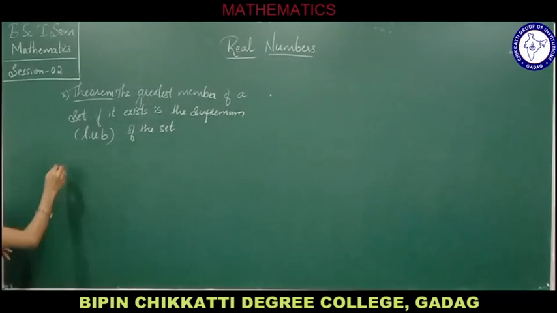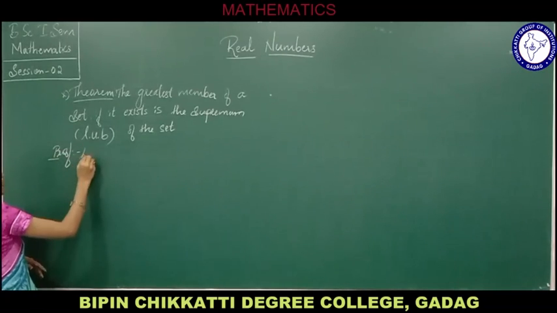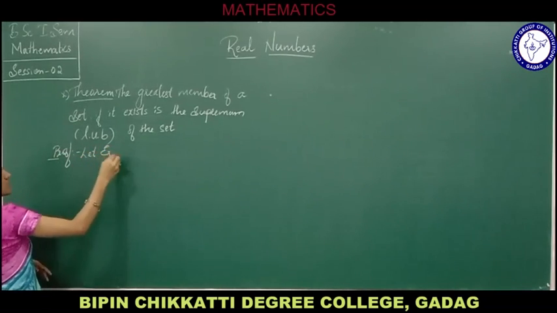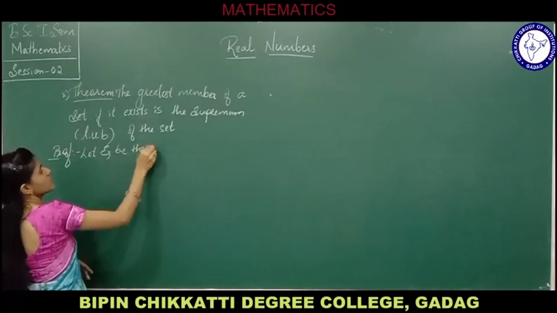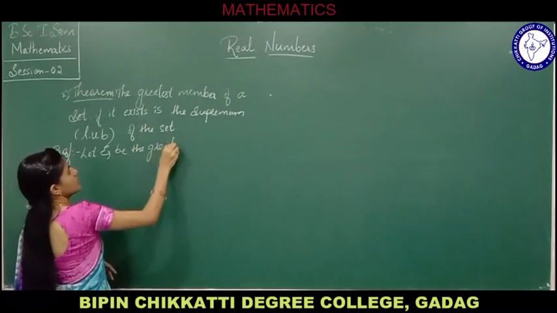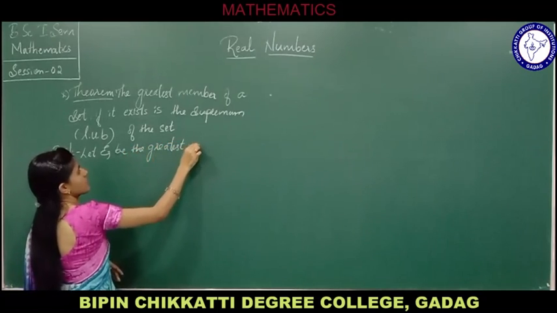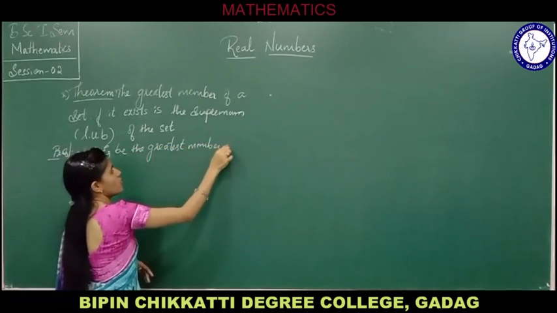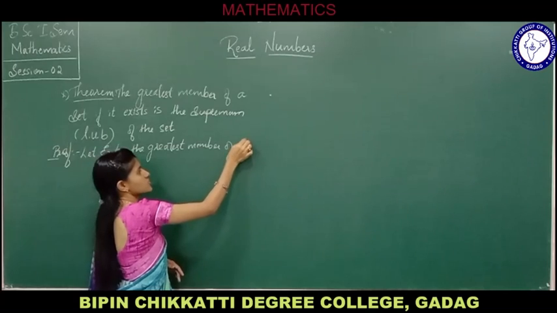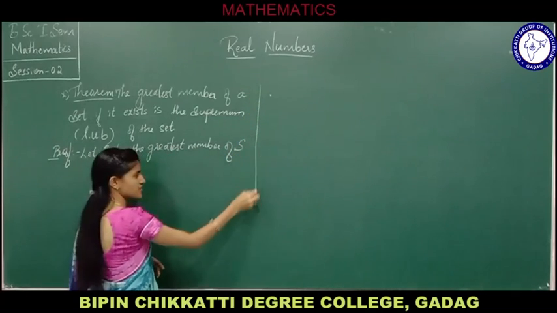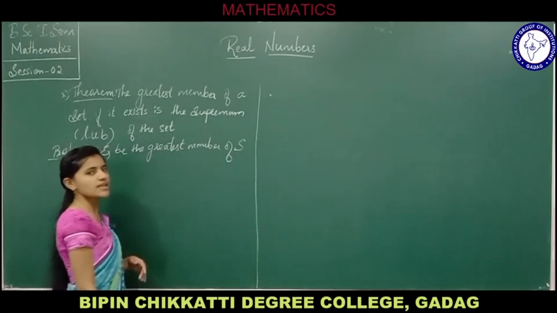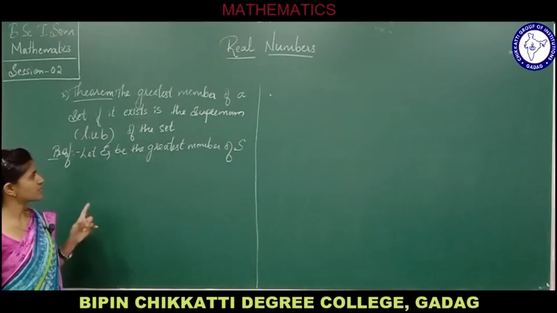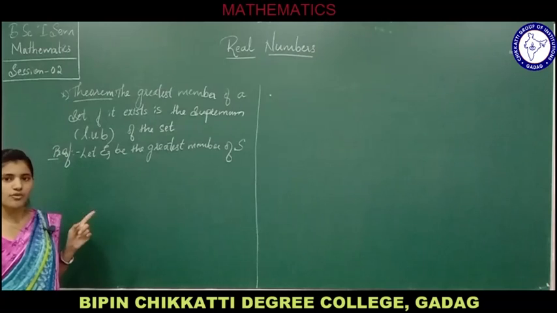Now how are we going to begin the proof? Let epsilon be the greatest member of S. Just now we have studied the definition. If it is the greatest member of S, then epsilon is going to be the upper bound of S, right?